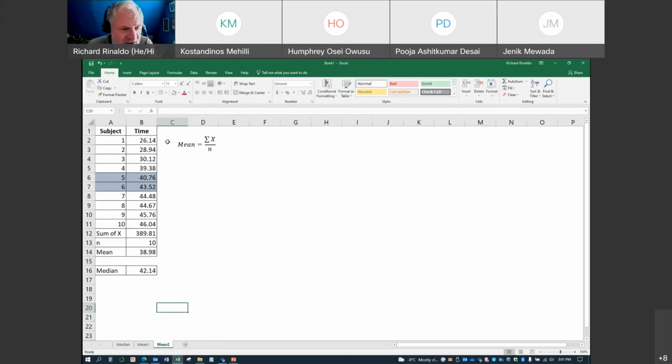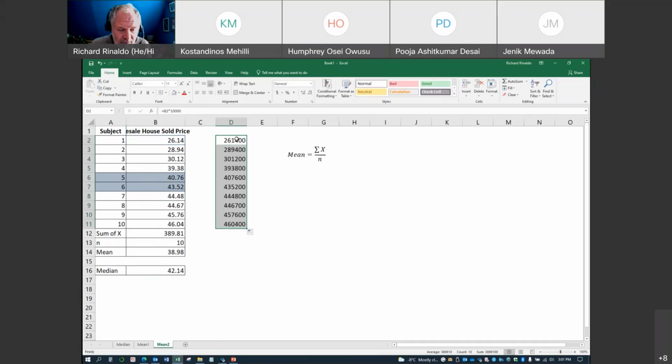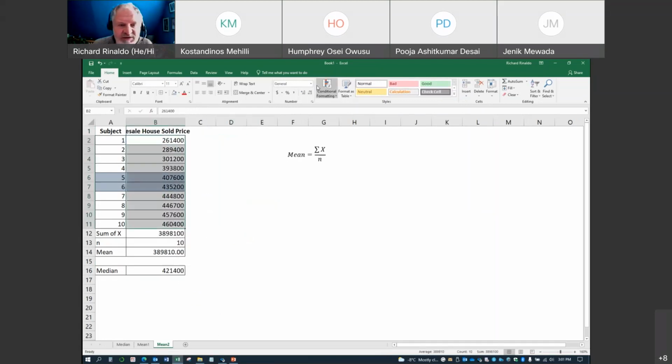I'm just going to make this resale house sold price. I'm making this up. And now these are the resale values.